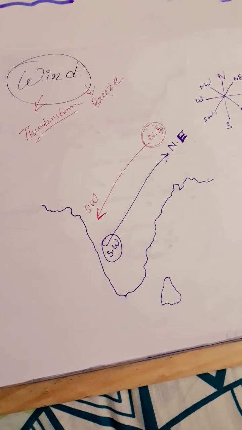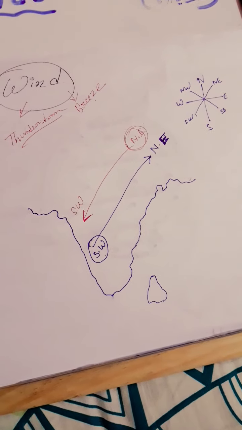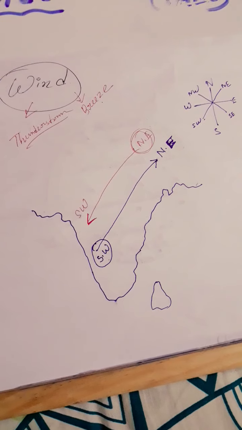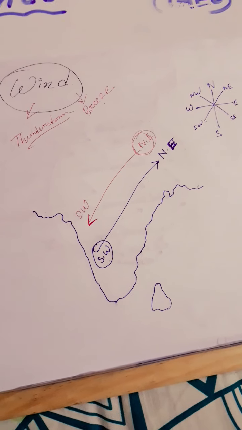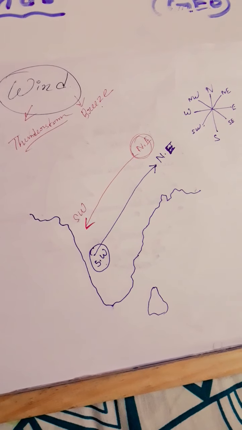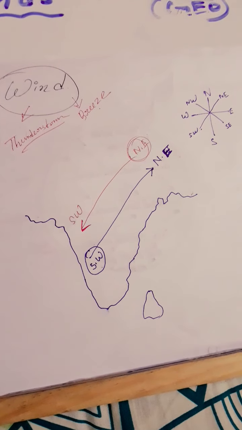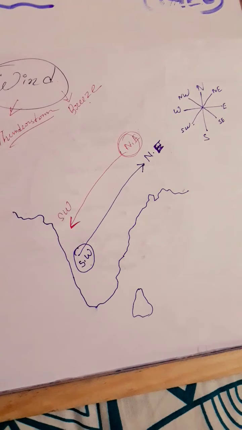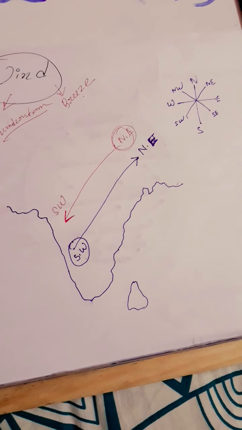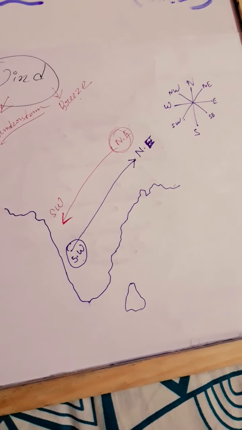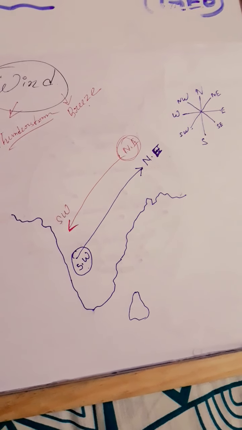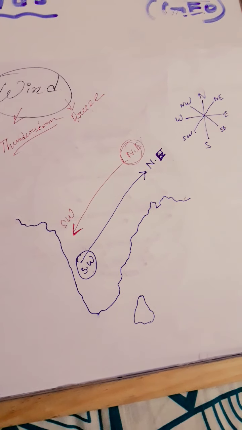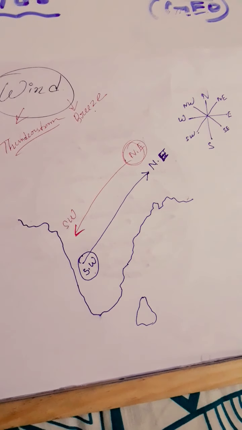Now winds are affected by the rotation of the earth. Why? We know that the earth has a rotational movement which takes 24 hours, so winds are also affected by that movement. We know that air or wind is always moving, but it is not always straight. Instead of blowing straight from an area of high pressure to an area of low pressure, the winds are deflected or turned aside by the force of rotation, because the earth's rotational movement is always continuing.